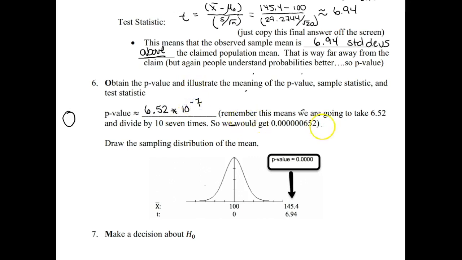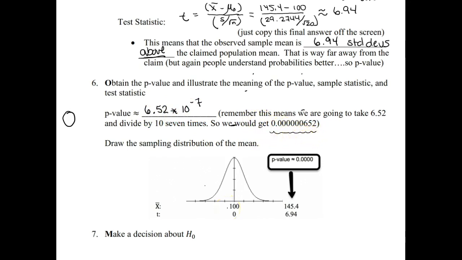Remember, this means we're going to take 6.52 and divide it by 10 seven times, so we would get this number. Now, you can leave it in scientific notation, but I've written it out in case you don't know what that notation means, so you see we have a really teeny tiny p-value.